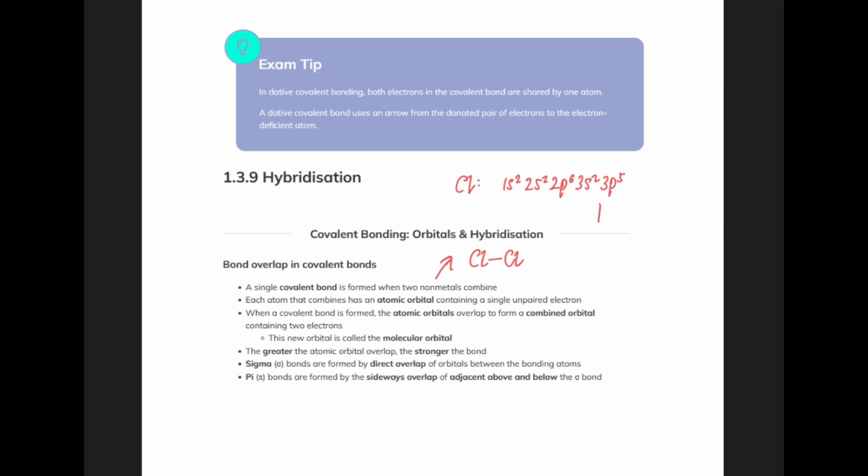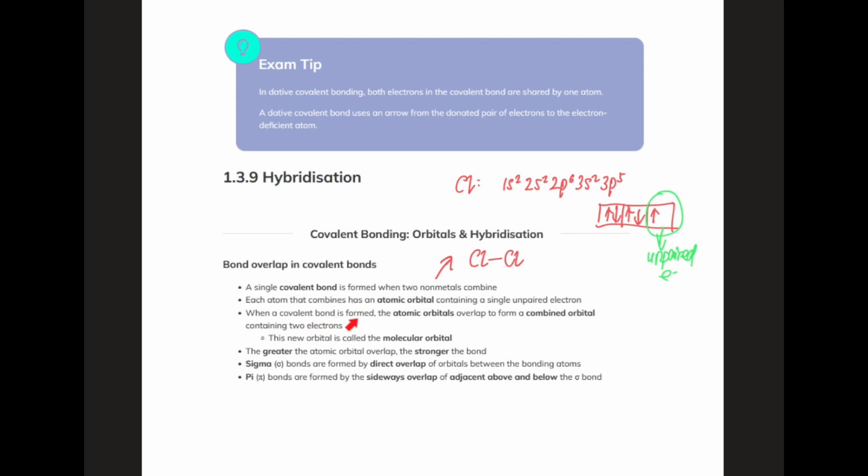So let me draw out the diagram for the last one. 1, 2, 3, 4, 5. So the statement here mentions there is a single unpaired electron. So this is the unpaired electron, this one. Okay, so what happened then? Let's see the next point.